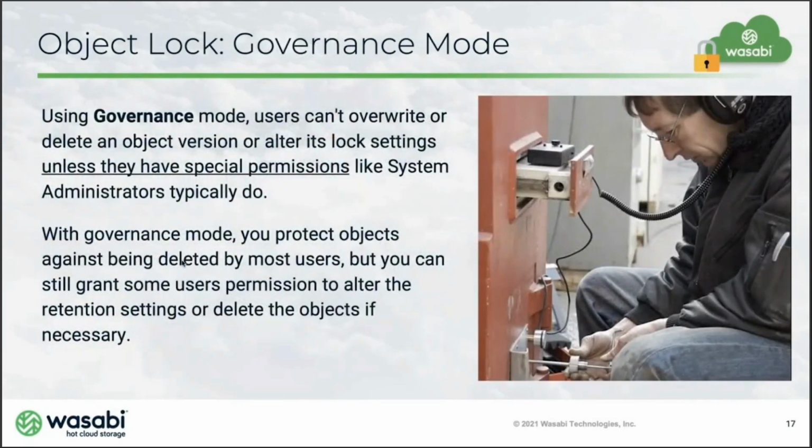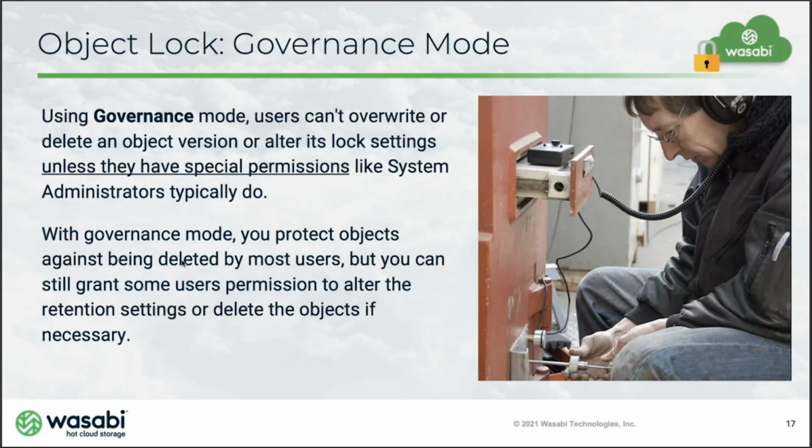Governance mode is probably where most people have experienced using immutability already. Wasabi has had the ability to lock a bucket or set a bucket policy so that every object going into that bucket inherits a default retention period. We still have it, and you can use it in conjunction with compliance mode so that if an object is placed in a bucket without a default, it can have a default applied to it through the bucket policy.